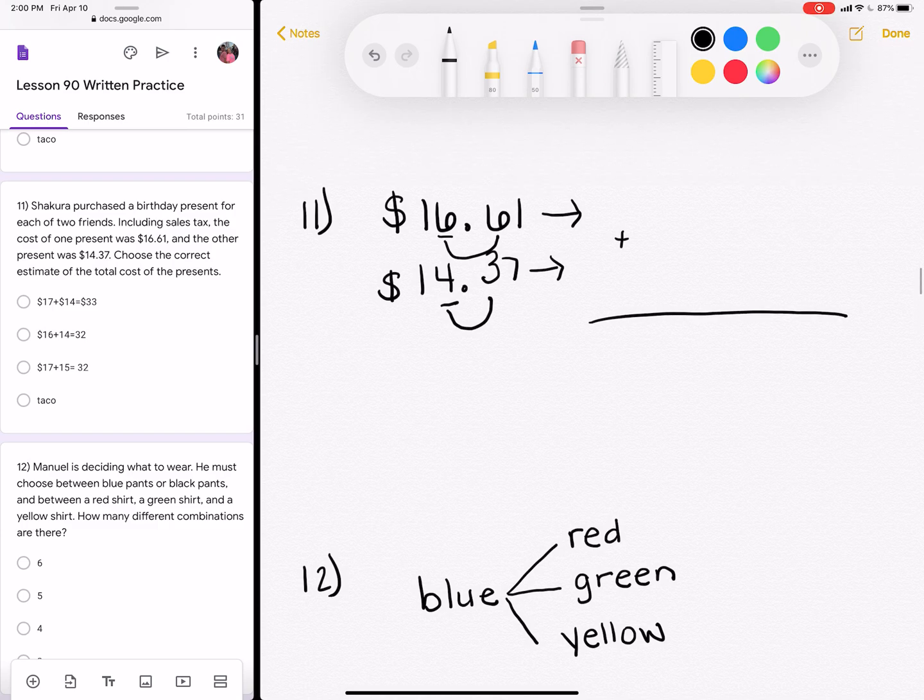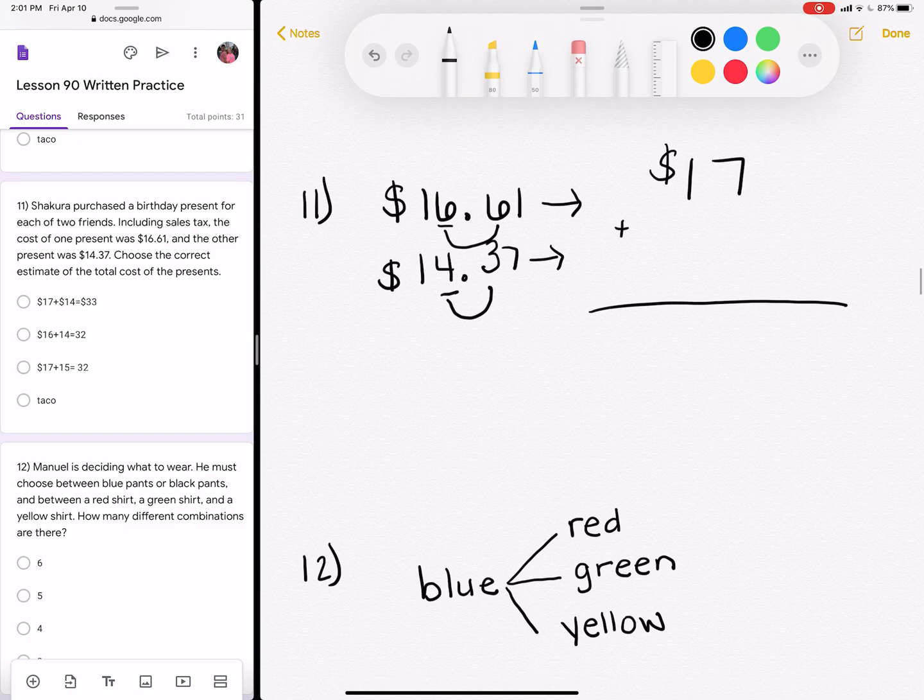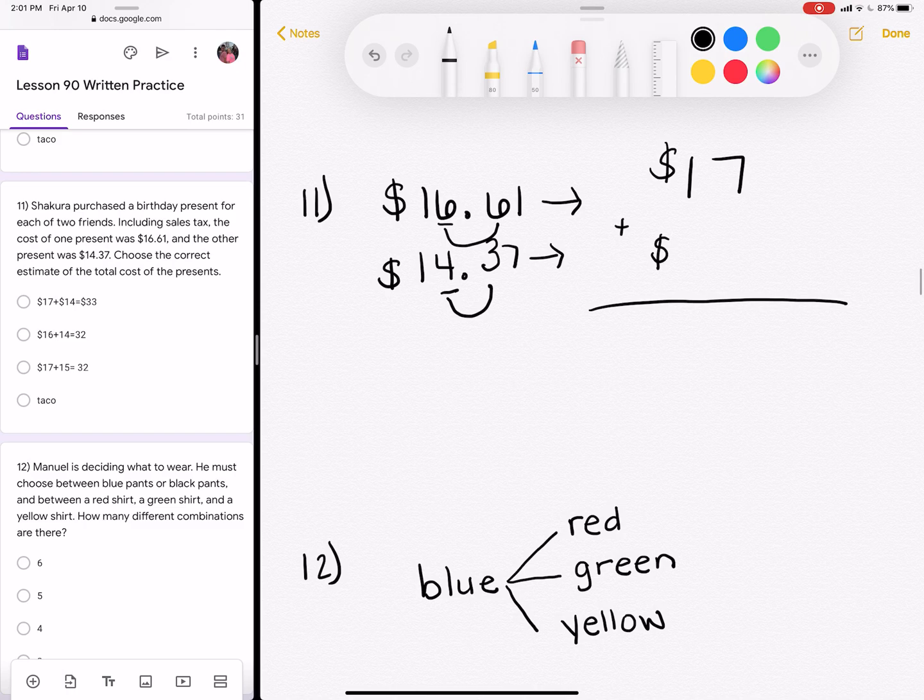So $16, take a look at the tens place, that 10 cents place, and that would cause $16 to be $17. That amount is closer to 17 than it is to 16. $14.37, take a look at the 30 cents. That is closer to $14 than it is 15. 7 plus 4 is 11. Carry, and you get $31.